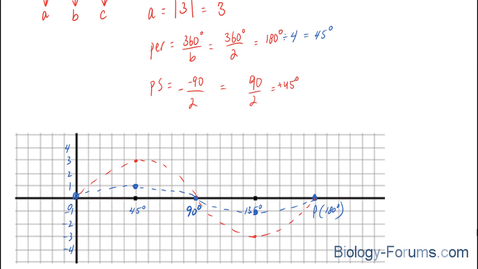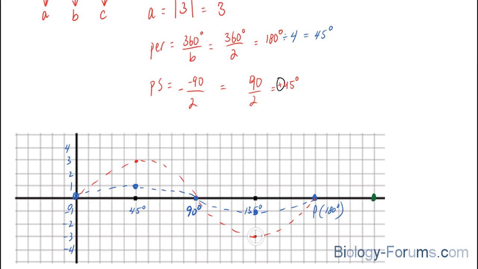We also discovered that the phase shift was positive 45, which means that every point will shift 45 degrees to the right because it is positive. So this point right here will shift 45 degrees. Now, to be fair and to be accurate, we have 1, 2, 3, 4, 5 boxes spanning every 45. So let's do the same. 1, 2, 3, 4, 5. So this point right here will shift right there.